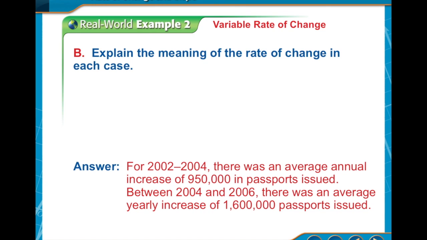So the point here is that you recognize that this rate of change number that we find, this 950,000 and this 1.6 million, is the number per year. So per year, every year that goes by, this is what we expect as the change in the number of passports the government gives out. So understand that it's an average, and those represent our rate of change.